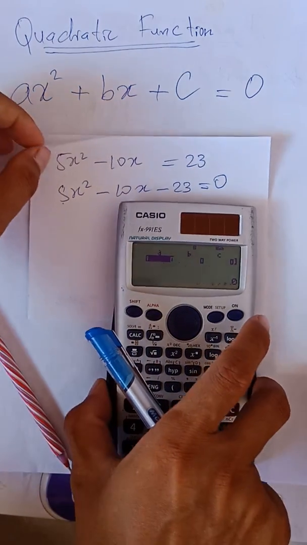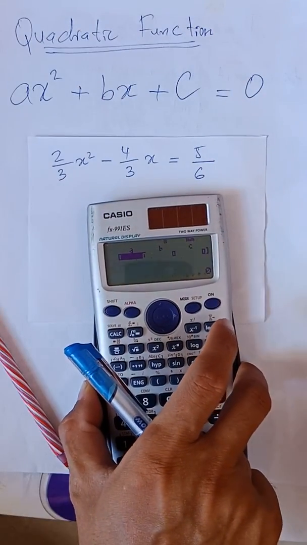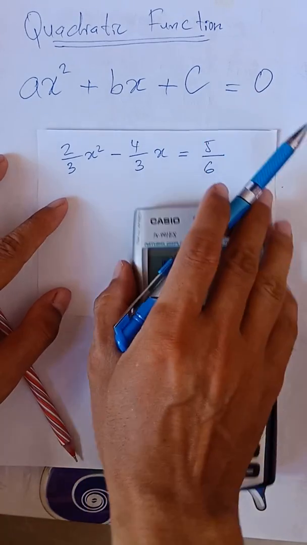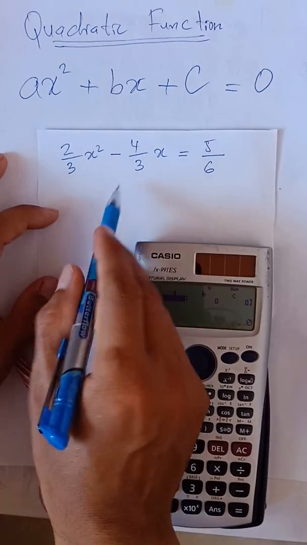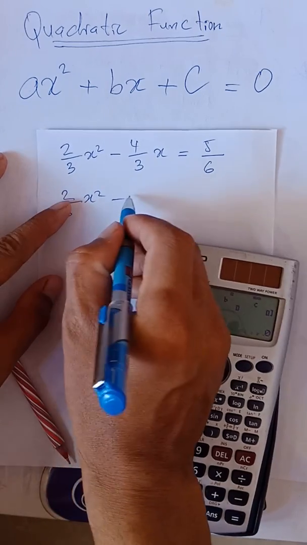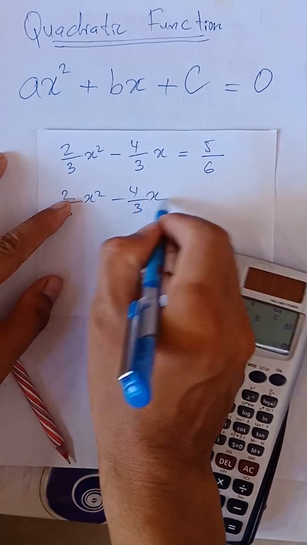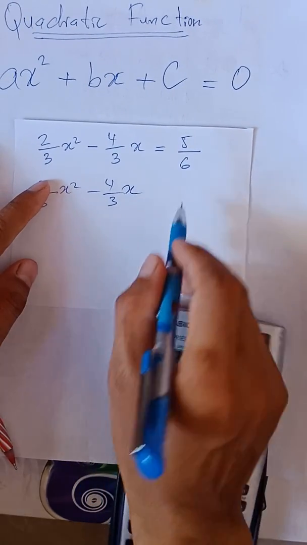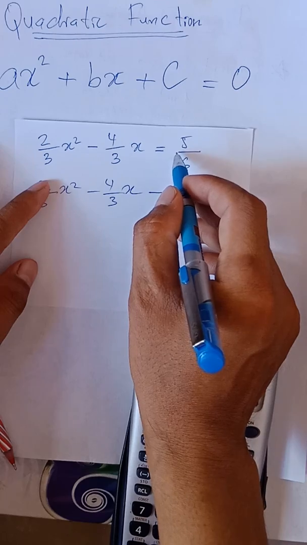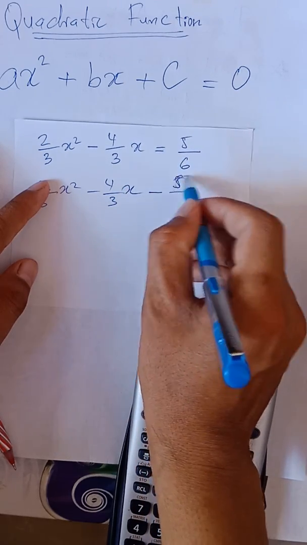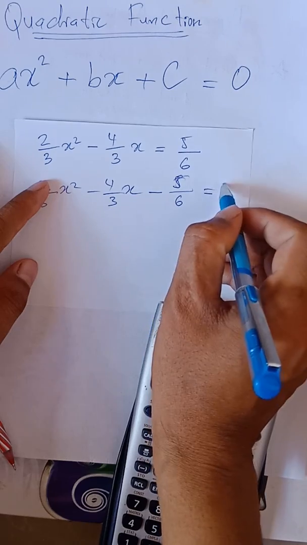Now this is our last example, with fractions, and again it doesn't equal 0, so you need to do transposing again. You have 2 over 3 x squared minus 4 over 3 x. Transposing this number to this side, you will have minus, and it's positive. Move to this side, it becomes minus 5 over 6 equal to 0.